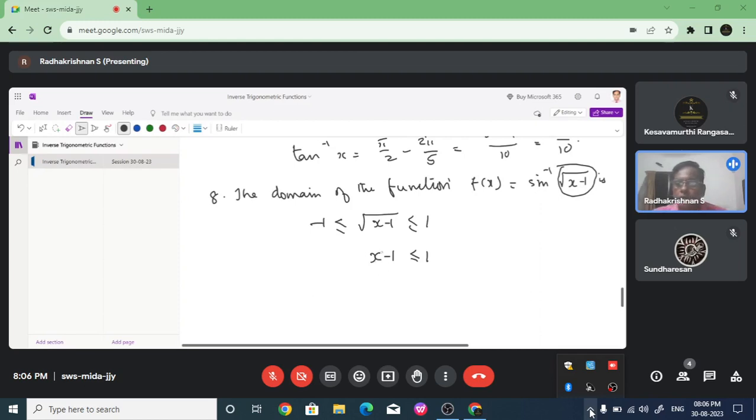Then only the root of x minus 1 will be between minus 1 and 1. So that means x will be less than or equal to 2. Okay. That is 1.